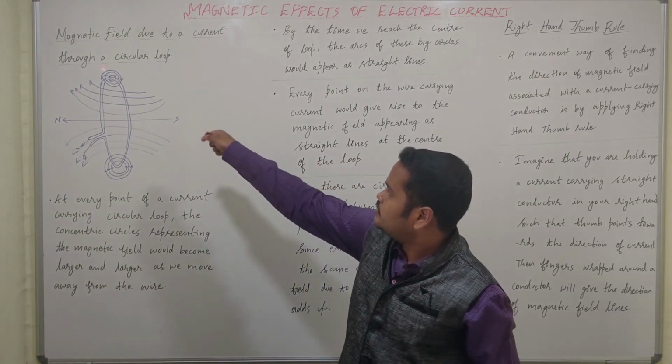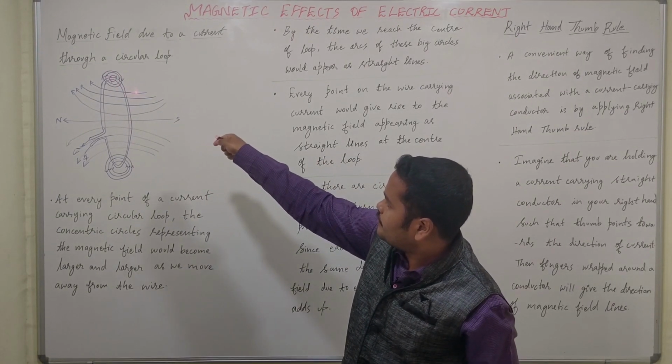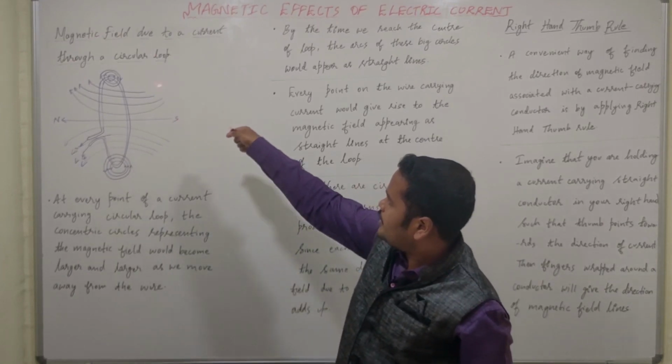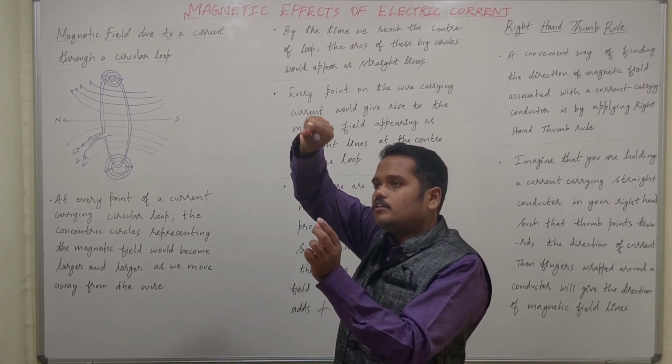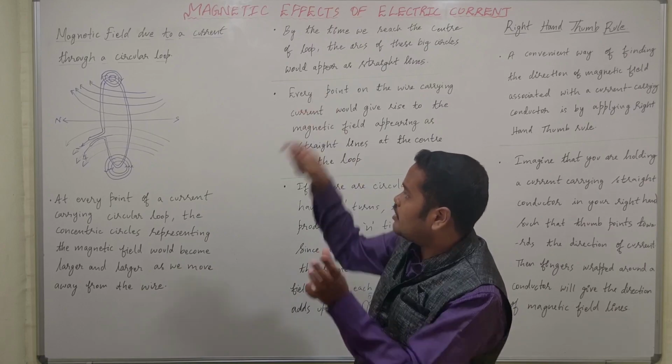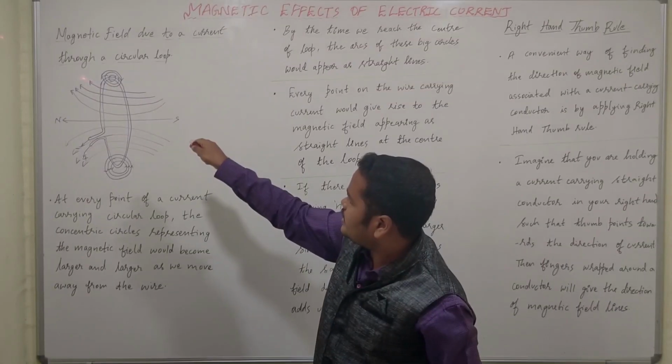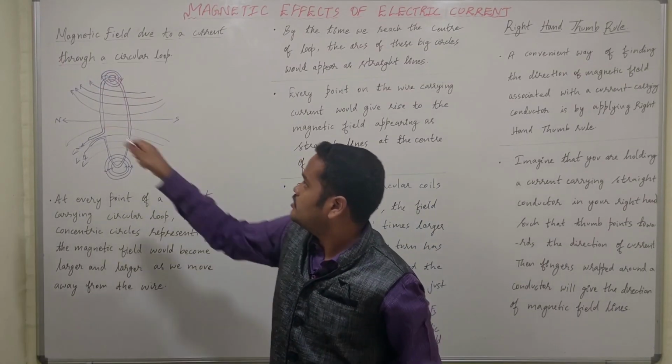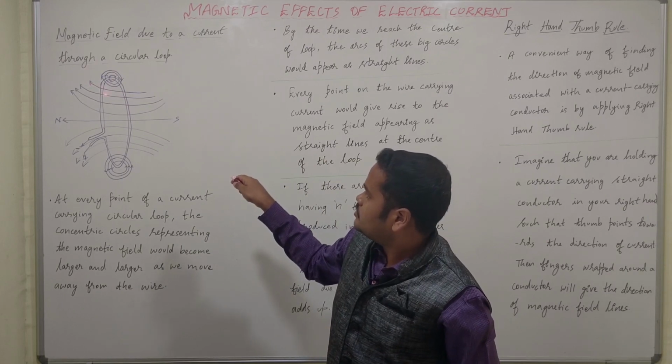See here, you can see that the magnetic field is going in a circular direction, right? The direction is not straight, it's taking a curve. This magnetic field line direction is not going straight, but it is taking a curve.